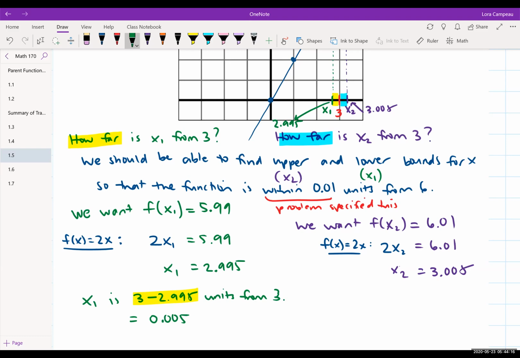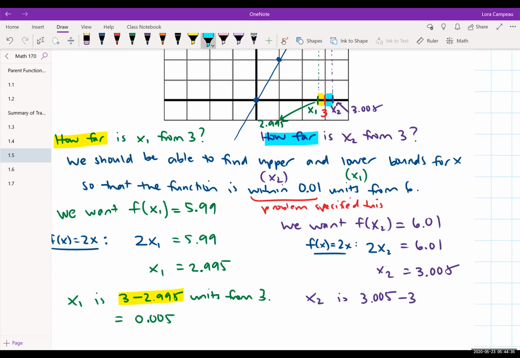Similarly, we can do the same thing for x2. To find that teal distance, we take the larger value, 3.005, and subtract off 3.